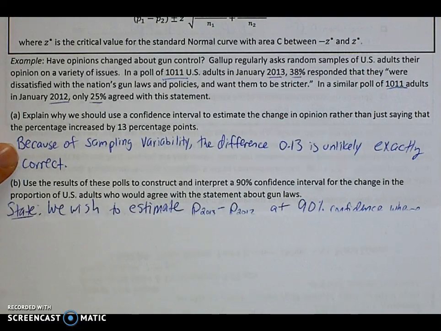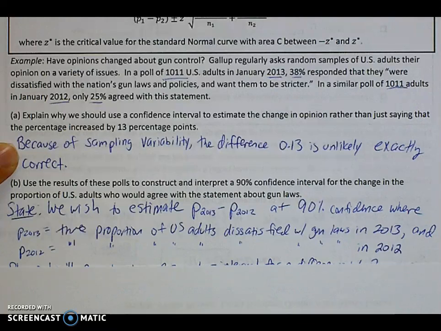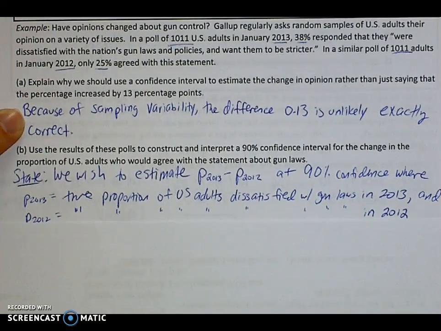So, for this, let's go here. What do we want to do? We want to estimate, and this is where I was using the different subscripts, P sub 2013 minus P sub 2012, the difference of the 2 years' proportions, at a 90% confidence interval. And then I have to define each parameter.